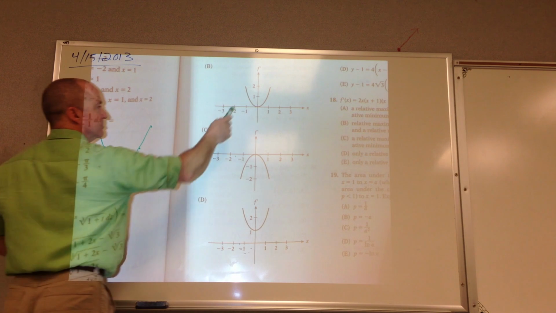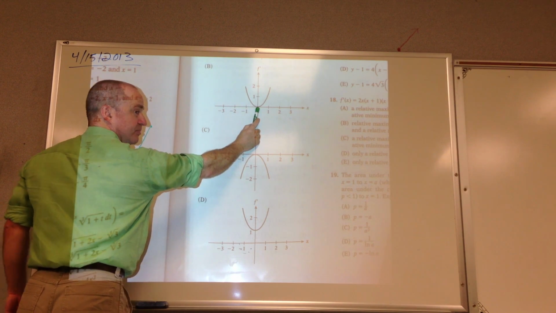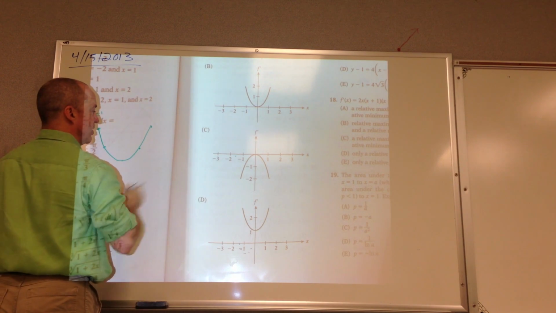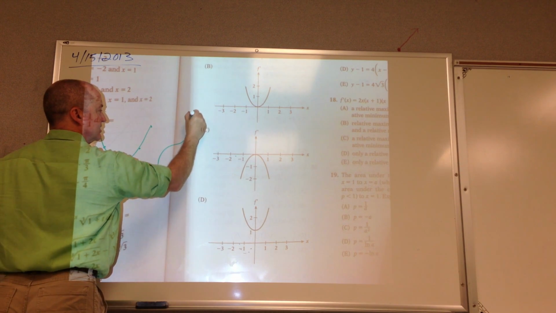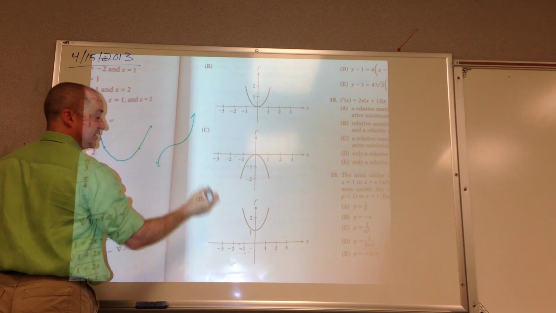On B, this 0 on the f prime would mean the original function would have to look like it has an actual 0 tangent line somewhere. And it doesn't.